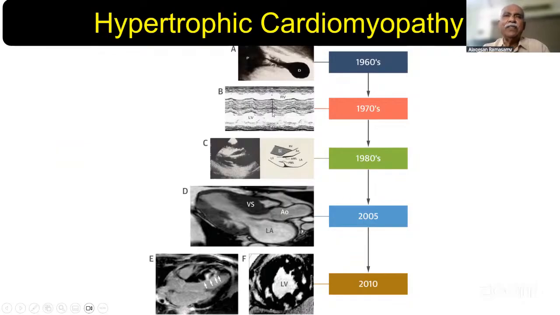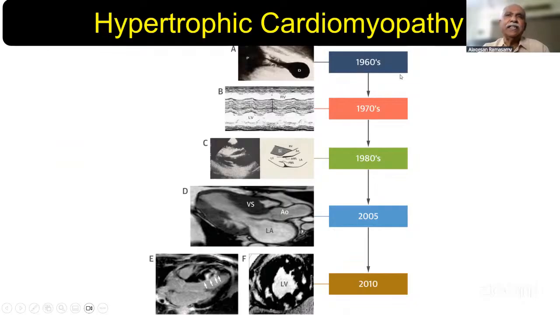Then came two-dimensional echocardiography, which clearly showed which segments are hypertrophied. In the 2000s, you got the CMR, and in 2010, the late gadolinium enhancement, which showed the fibrosis.